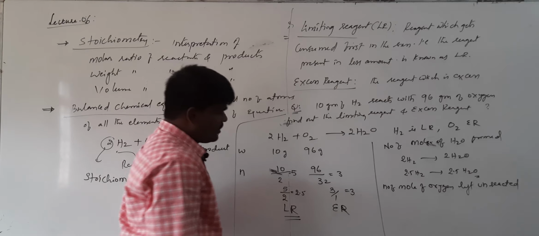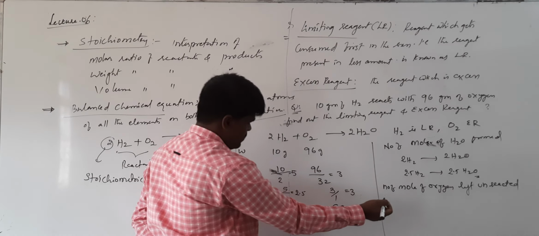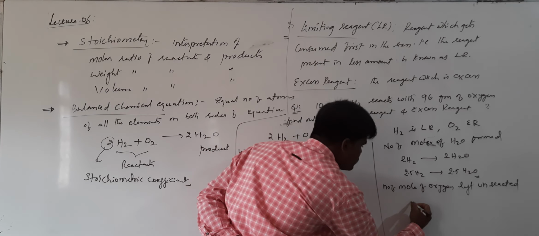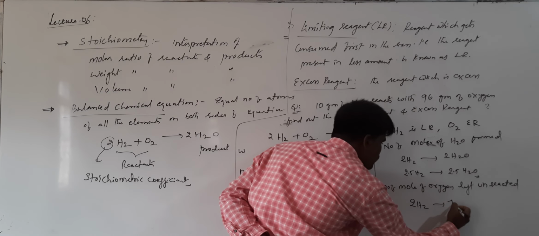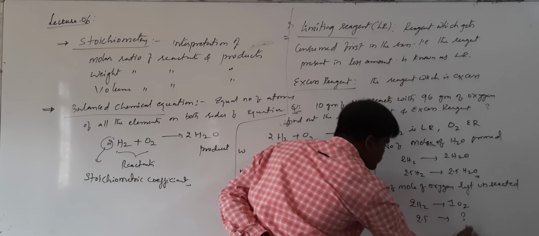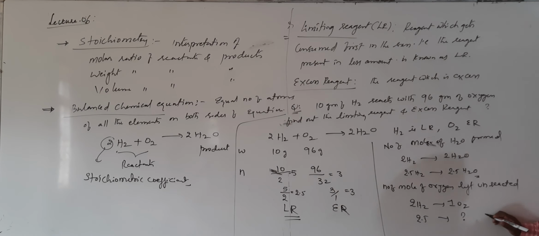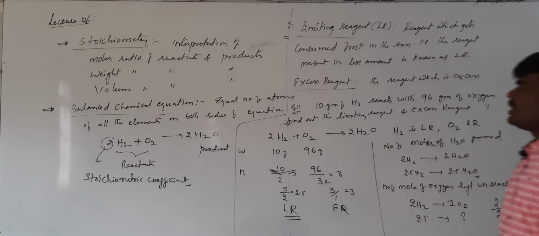Now if you see, basically we know that if 2 moles of hydrogen reacts with 1 mole of oxygen, then 2.5 moles will react with how many moles? Just make a cross multiplication. How much does it come to? 2.5 upon 2, which comes to 1.25.